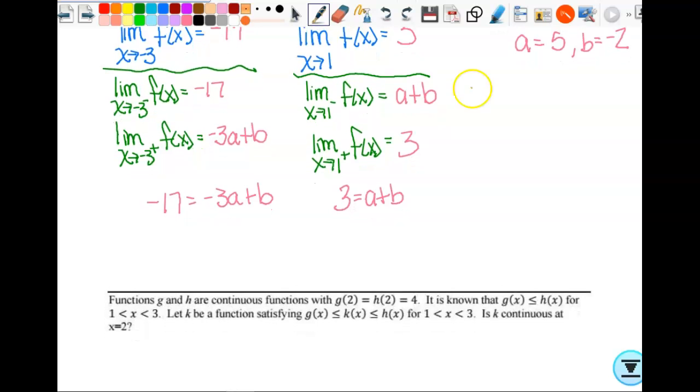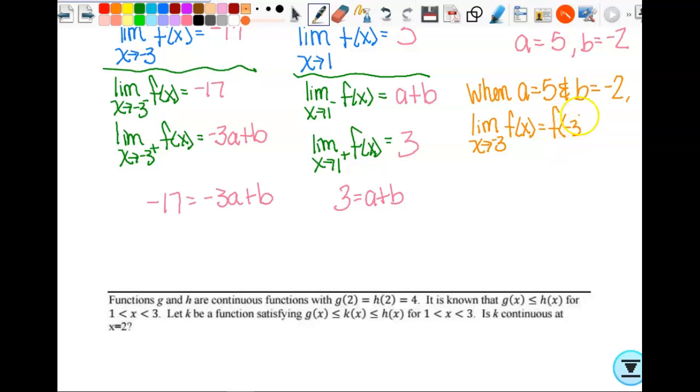We will say, when a equals 5 and b equals negative 2, the limit as x approaches negative 3 of f of x equals f of negative 3, which equals 17, right? And the limit as x approaches 1 of f of x equals f of 1, which equals 3.